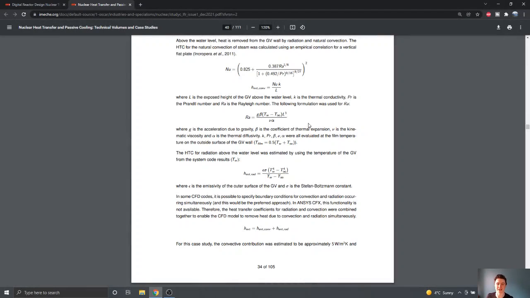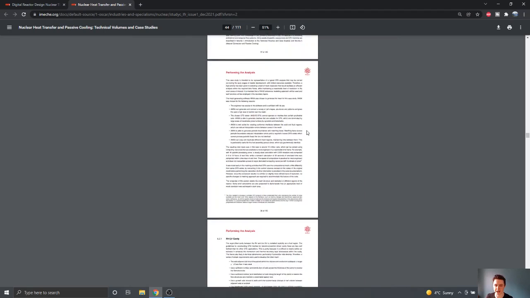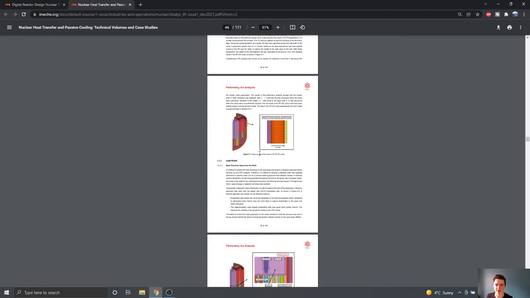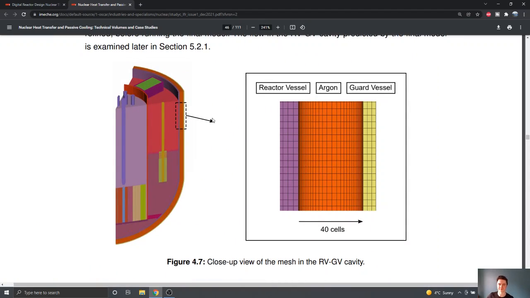We're on slide 40 at the moment. If we just flick through the report down to page 46, there's a nice overview of the mesh and what we're going to be creating here. Now, the most important thing to notice about how you would mesh this CFD model of the reactor itself is that we've actually generated meshes for the fluid regions and the solid regions as well.